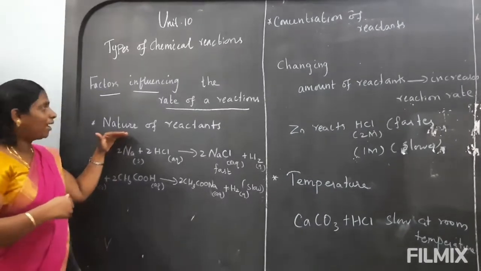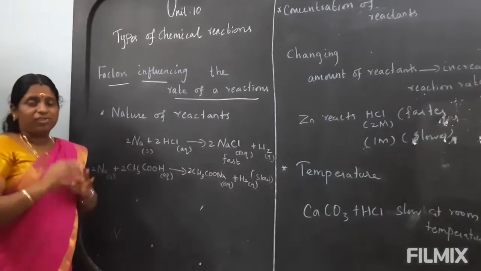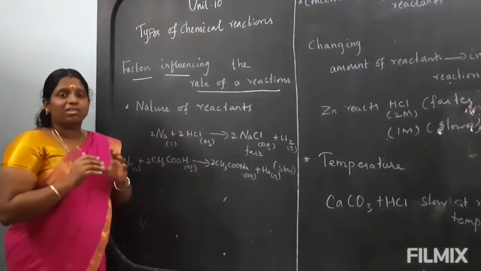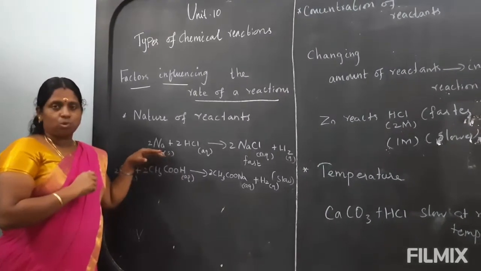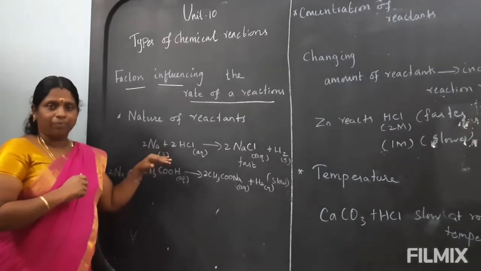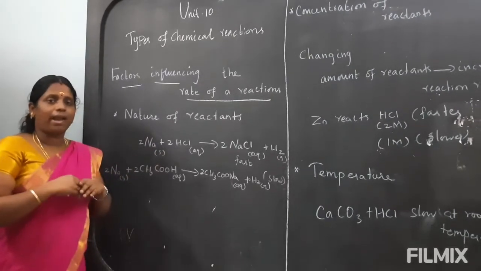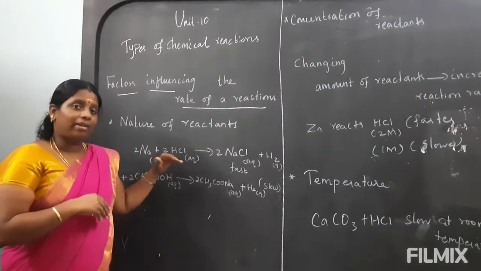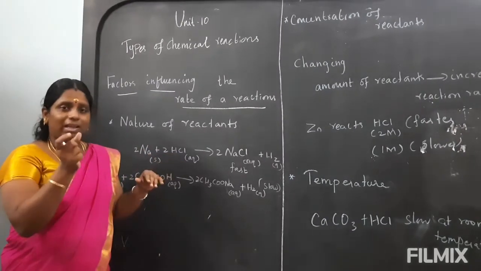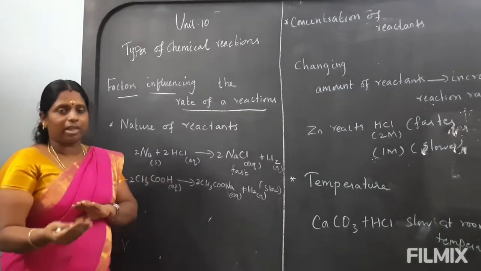One is the nature of reactants. I have given one example: sodium reacted with both hydrochloric acid and acetic acid. If sodium is reacted with hydrochloric acid, it will take less time to get the product.